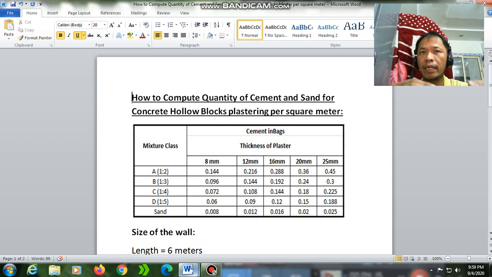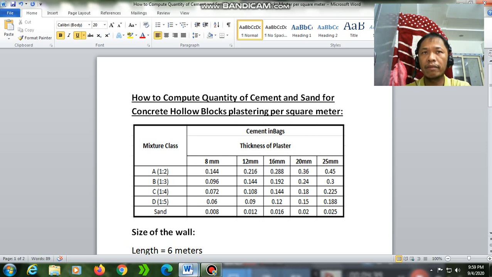Kasi yung wall po natin ay hindi po perfect yan. So, minsan lumiliko-liko yan during piling. So, what we need is to find out what is the average thickness. For example, if 16 mm, you will use this multiplier.